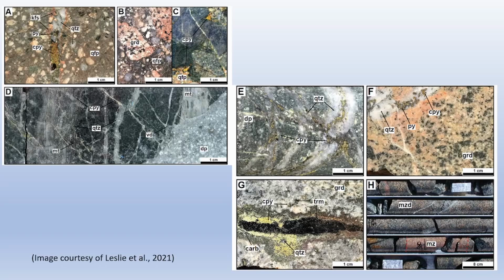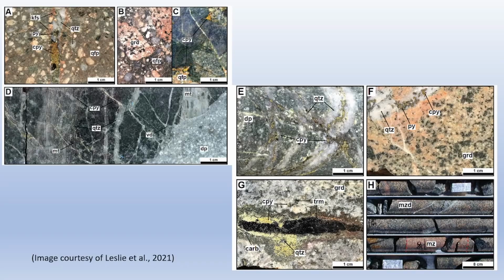Here we have some photos of hand samples or drilling core samples, and if you compare these samples with other porphyry deposits, we can see some unusual features. First of all, in plate A, we have an abundant equigranular texture in syn- and pre-mineral units.